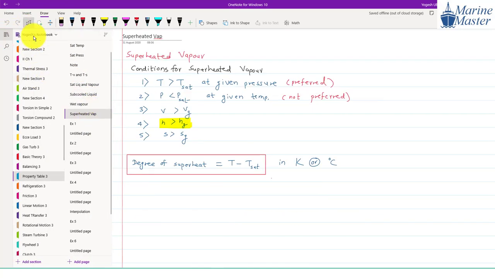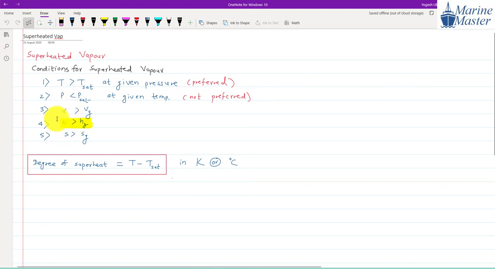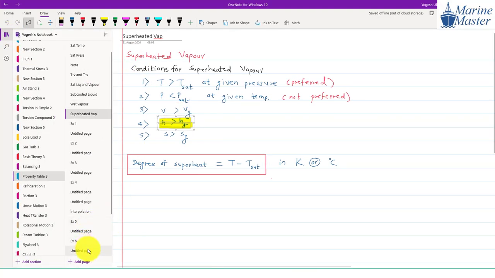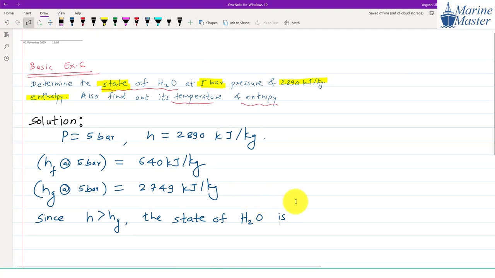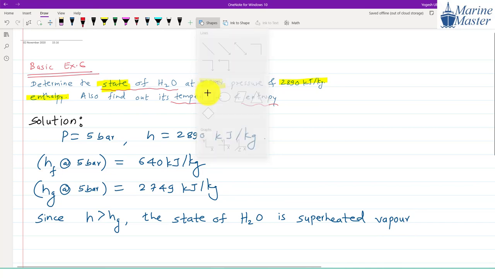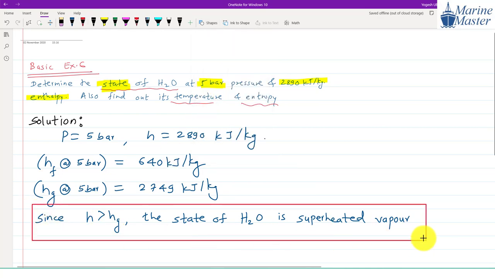If you remember the superheated vapor condition, enthalpy is greater than hg. So if h is greater than hg, the state of H2O is superheated vapor. Before going further, please everyone write down this discussion.